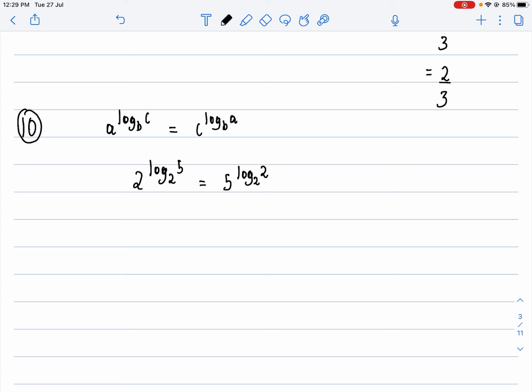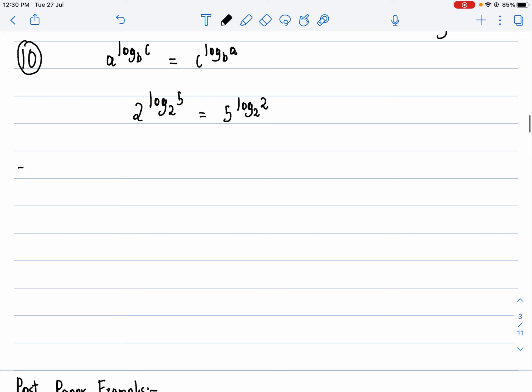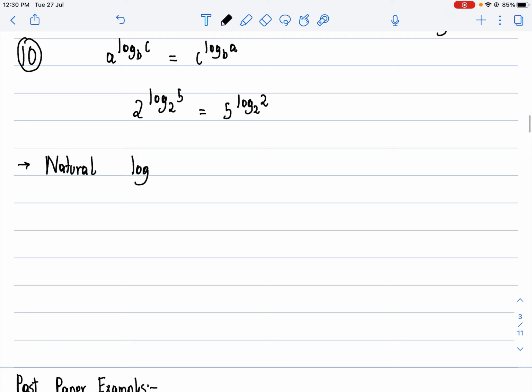Got it? So yeah, now we can go to the next concept, which is exponents or the natural log. I'll write this as natural log. Okay, if you have understood these properties, the 10 properties which I've written, the natural log is the same. The only difference in a natural log is that it's portrayed by ln.